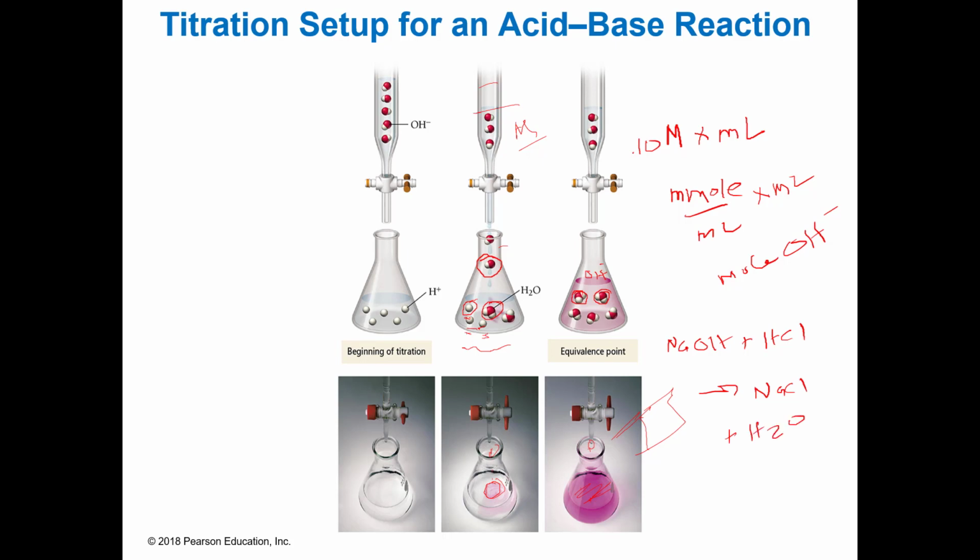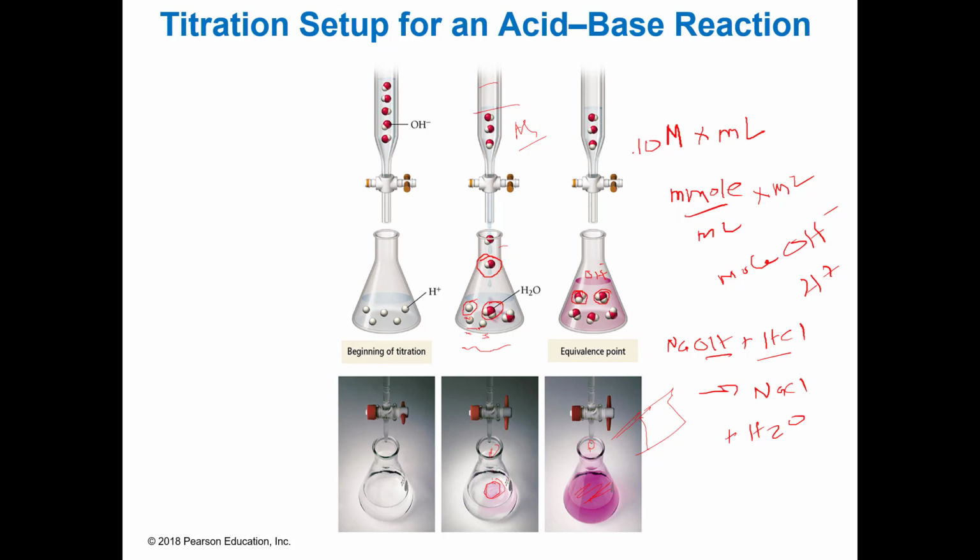All right. So this equation's balanced. What we see is a 1-to-1 mole-to-mole relationship between the hydroxide ion and the hydrogen ion. Therefore, whatever the moles of hydroxide dispensed, that is the moles of the hydrogen ion.